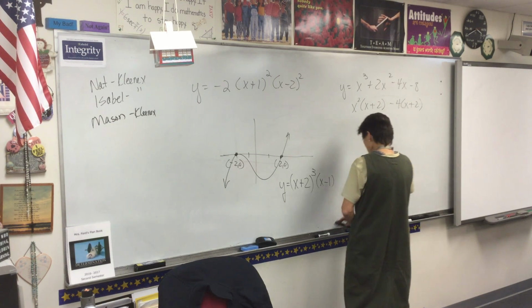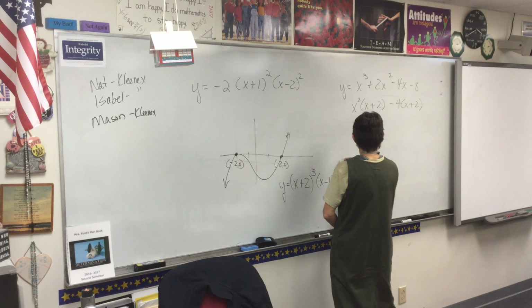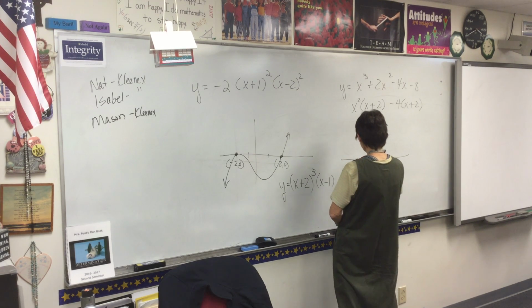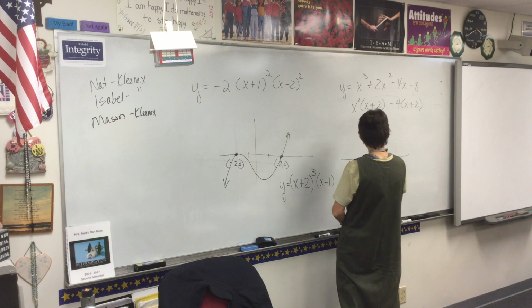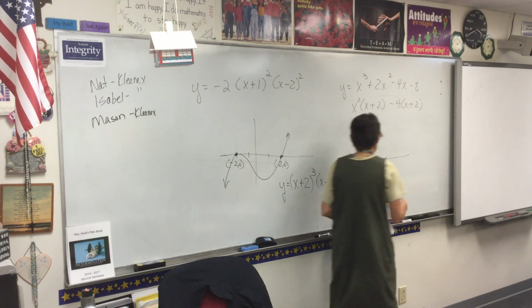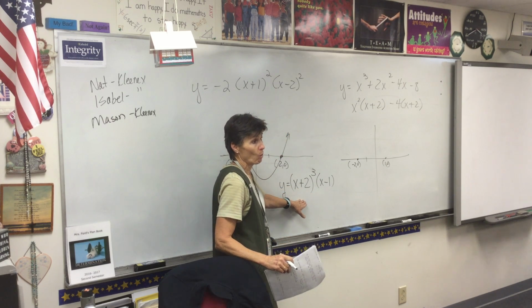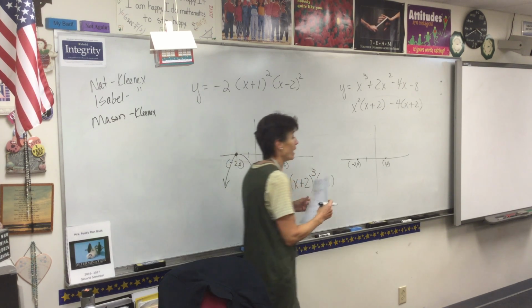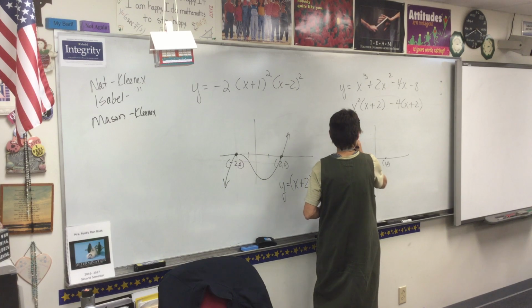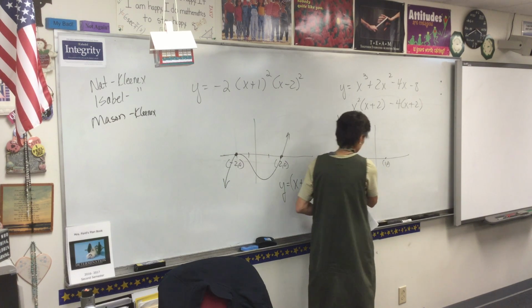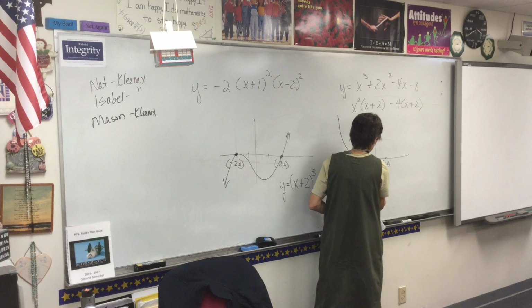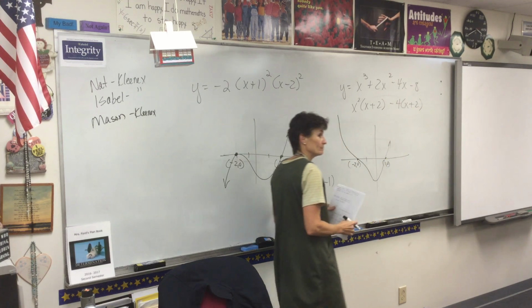But what you need to be careful of is, it is definitely squiggling through -2. But pay attention, the degree of the polynomial is 4. So it's starting up. It's going to squiggle through that one, and then turn around and just pass back through that one.